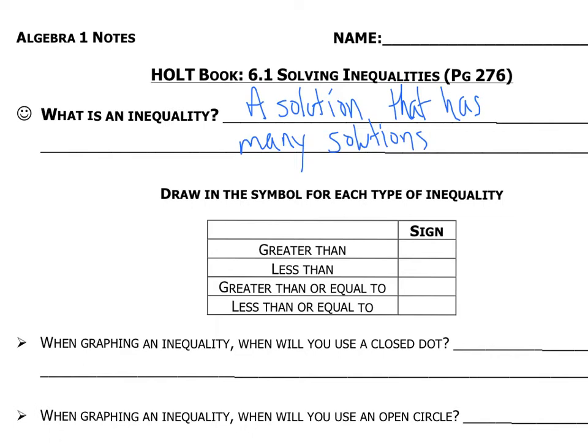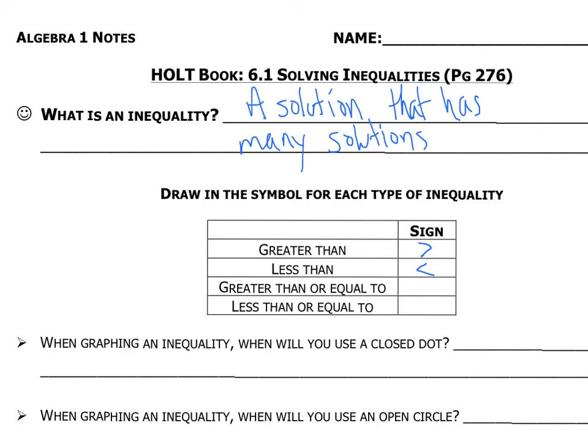To discuss the different symbols: in an equation you're going to have an equal sign, but with inequalities you're going to have different symbols. Hopefully this is a little bit of review. Greater than is like that, and less than looks like this.